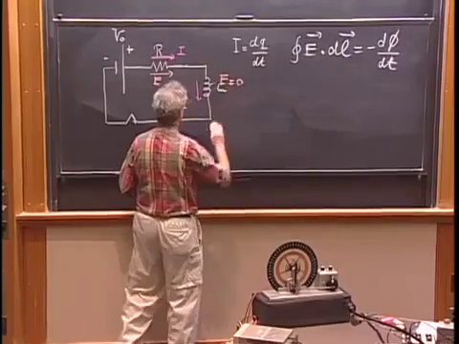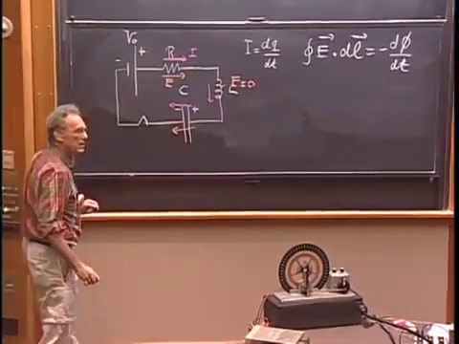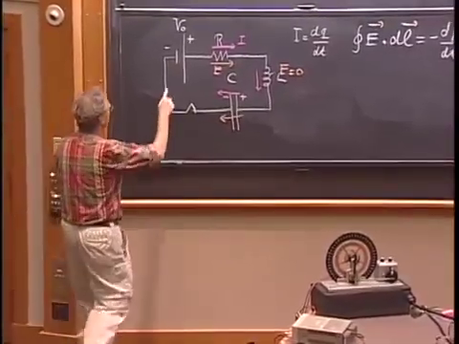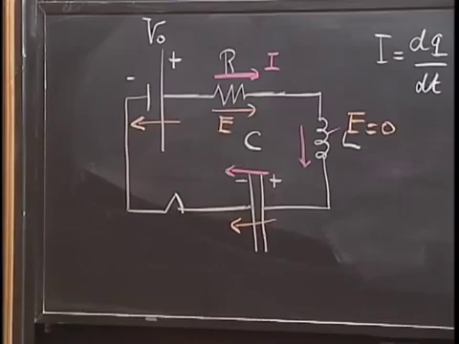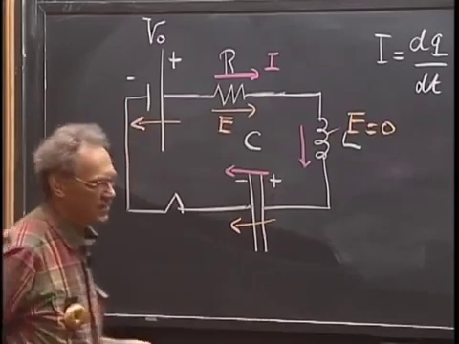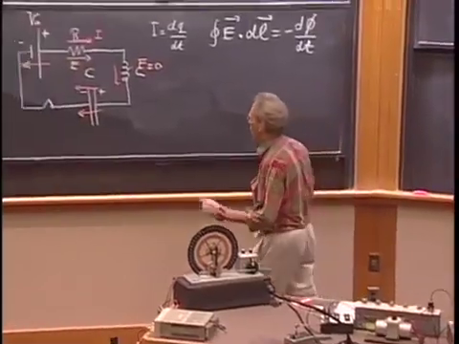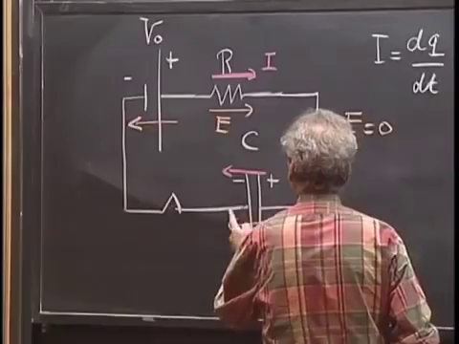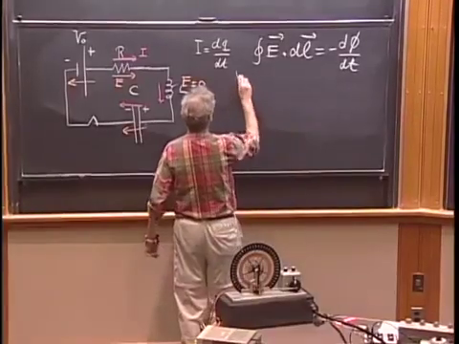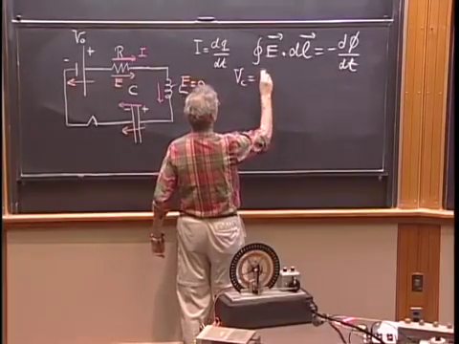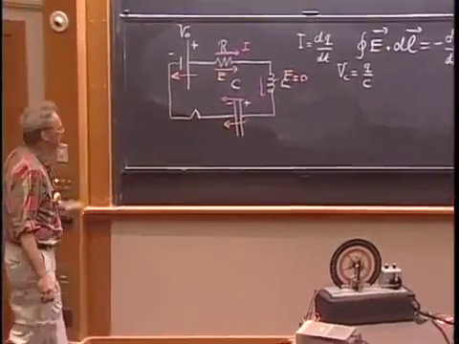So the E here is 0. This is plus and this is minus, so the electric field is in this direction, opposing me if I go around clockwise. So if now I go around clockwise, and I call the integral E dot dl from this side to this side of the capacitor V of C, which is Q divided by C. That's the definition of capacitor.